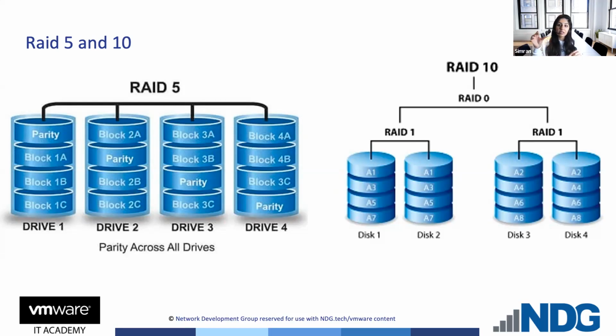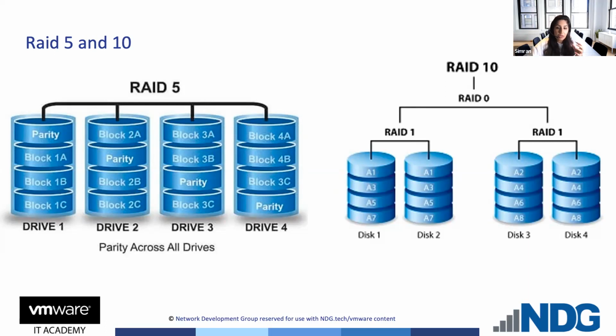Once you have the data evenly spread across all the disks, there's also information called parity. Parity is used if you were to lose data, to rebuild that data. So if there was a disk failure, you can use the parity data to rebuild that data again.